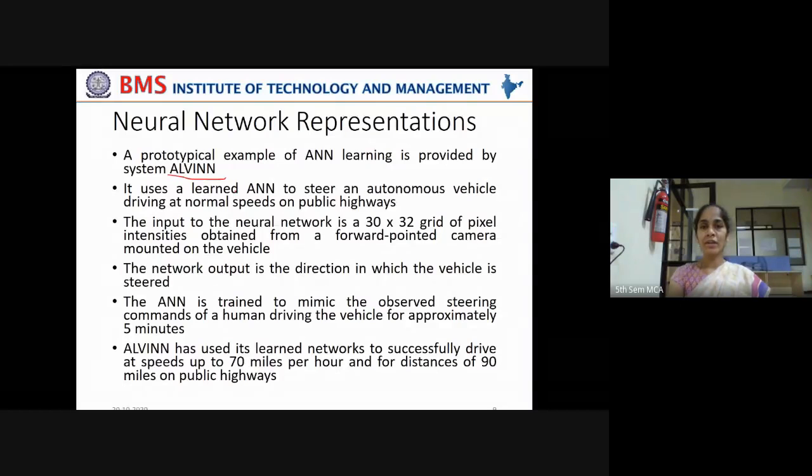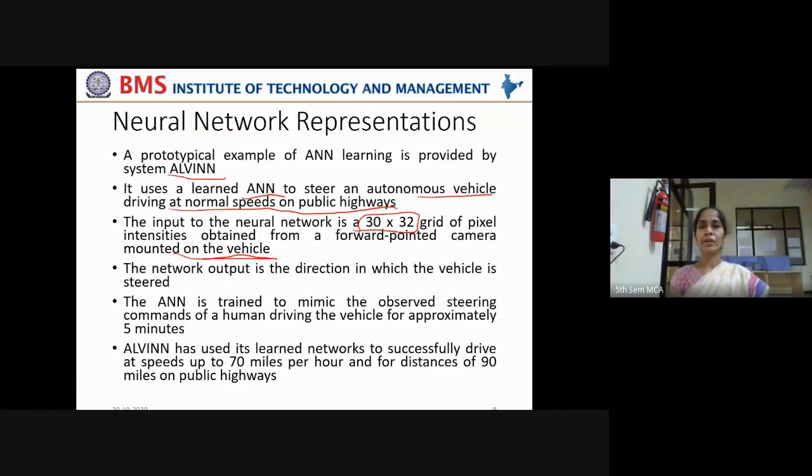Now, it uses a learned artificial neural network in order to steer an autonomous vehicle driving at normal speeds on public highways. Now, the input to the neural network is a 30 by 32 grid of pixel intensities obtained from a forward pointed camera mounted on the vehicle.